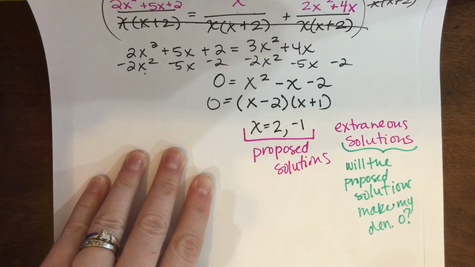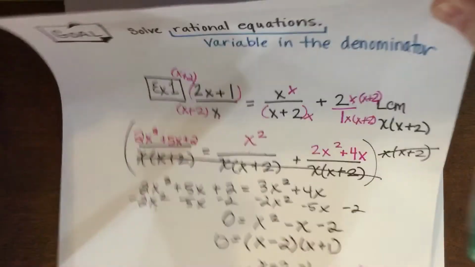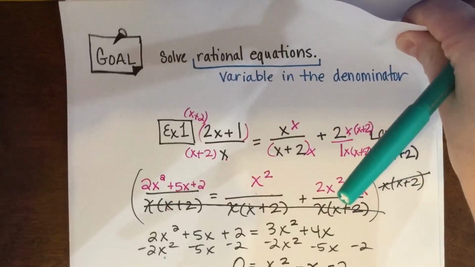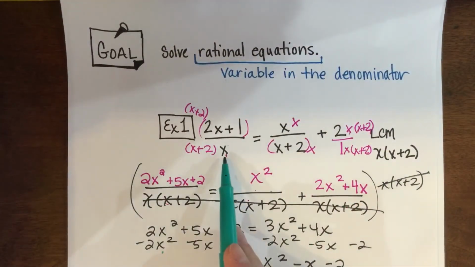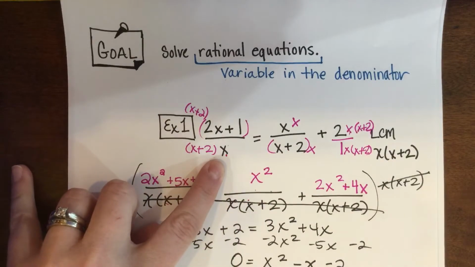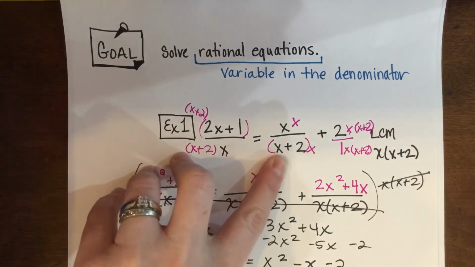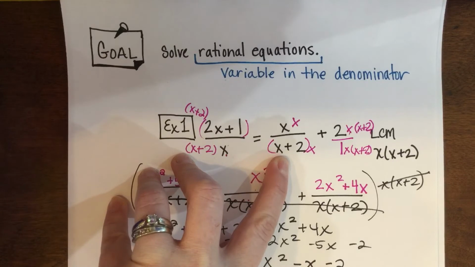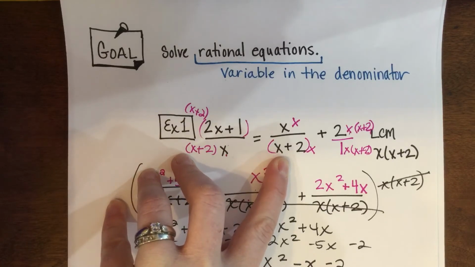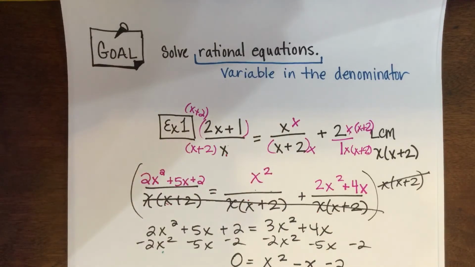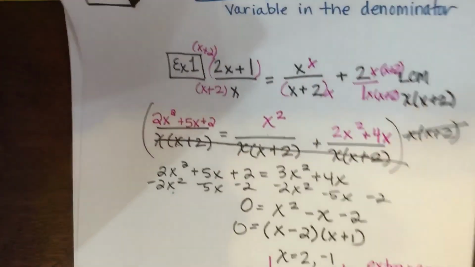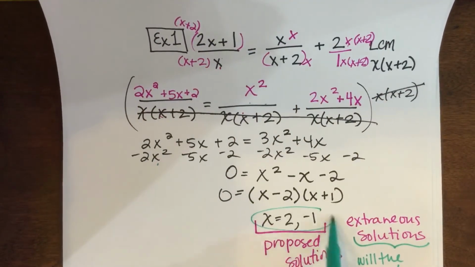If the answer is no, then they are. So when I take a look at my original equation, my denominator is x here, and if I plug in 2 or -1, it's not 0. If I plug in 2, it's not 0, and if I plug in -1, it's not 0. So what this is telling me is that they're not only proposed solutions, they are actual solutions.